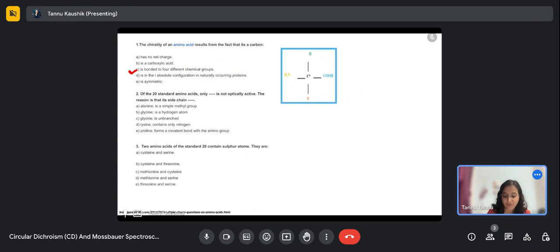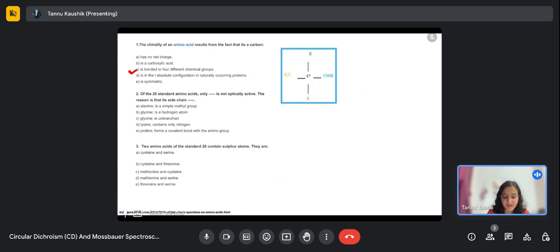Yes, ma'am. So can you answer the second question now? Of the 20 standard amino acids, staying on the methionine. Option C. No. Read the question carefully.